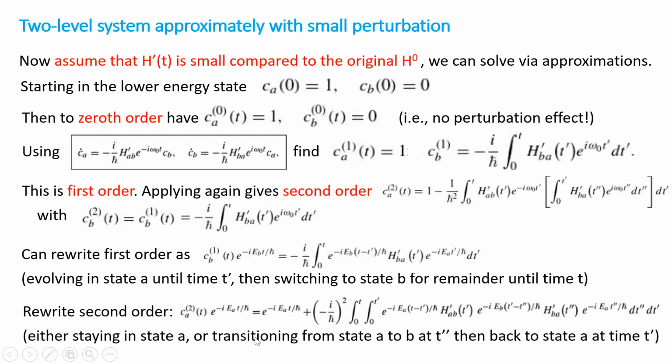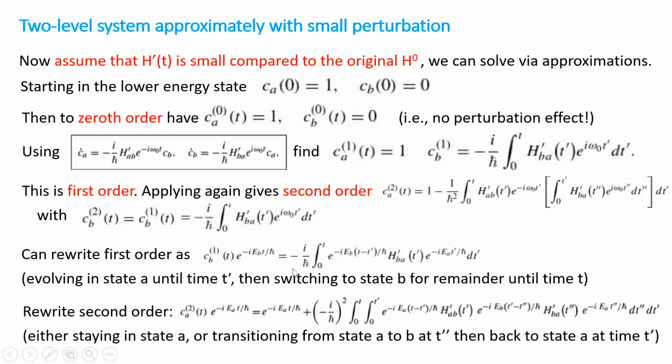So we actually get to second order here, we have switching from A to B and then back to state A included in the probability for state A. So the chance of being in A can either be just stay in A or switch from A to B and back to A.